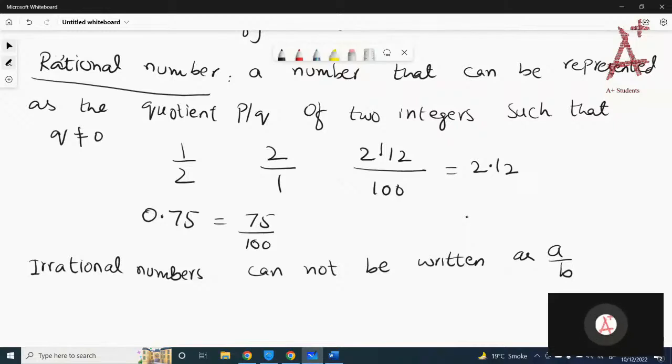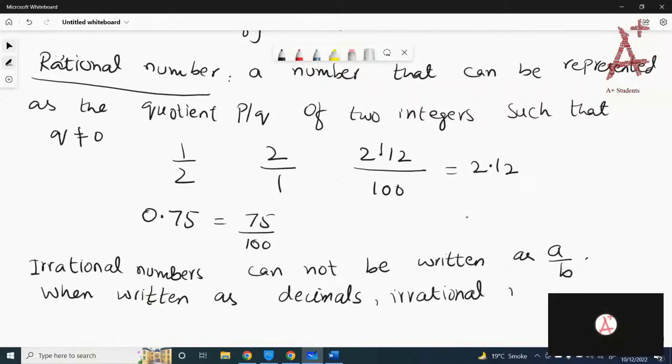When written as decimals, irrational numbers do not terminate or repeat.